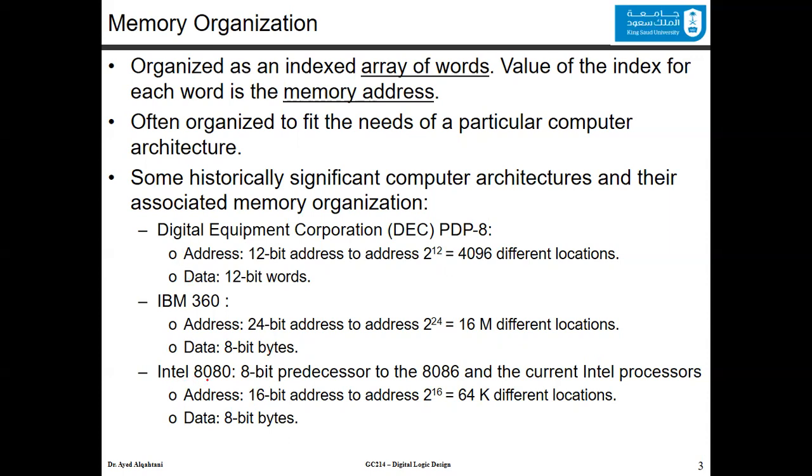And the third one is the Intel 8080. It's an 8-bit predecessor to the 8086 and the current Intel processors. The address is a 16-bit address, to address 2 to the power of 16, which is 64 kilo different locations.